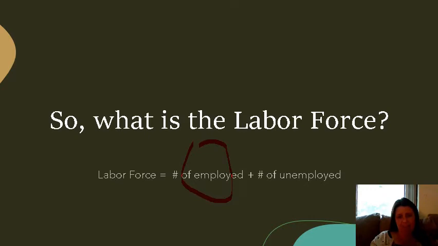And you take that and you add it to the number of unemployed people, people who are laid off and thinking that they're going back to work, and people actively looking for a job in the past 4 weeks and want to be employed and are able to be employed. So babies, no, right? Retirees, no. Number of employed plus number of unemployed are going to give you your labor force number.